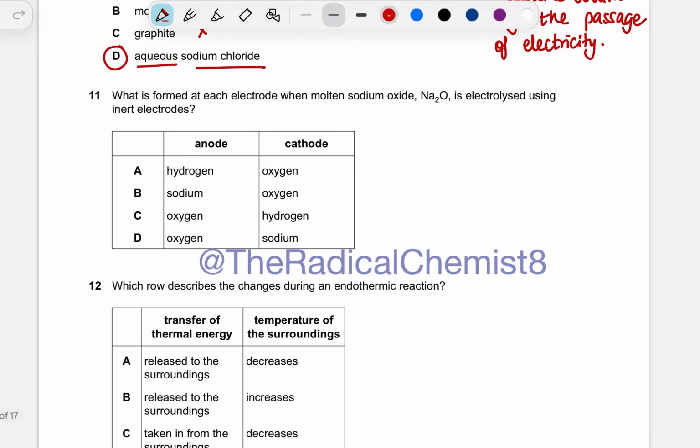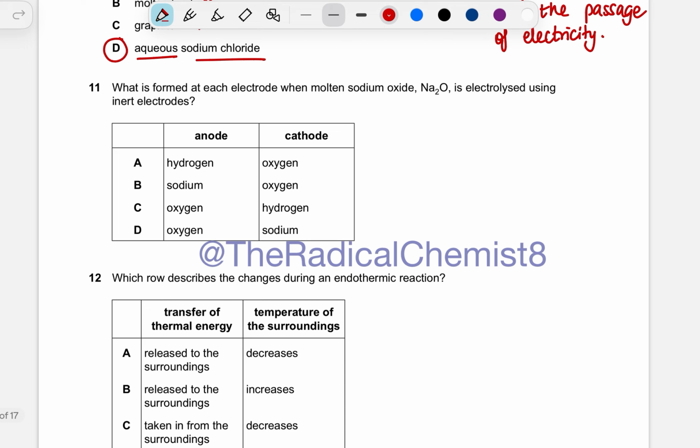11. What is formed at each electrode when molten sodium oxide is electrolyzed using inert electrodes? So sodium oxide, you've got Na+ ions and O2- ions. So here you've got the anode and the cathode. The anode is your positive electrode and the cathode is your negative electrode.